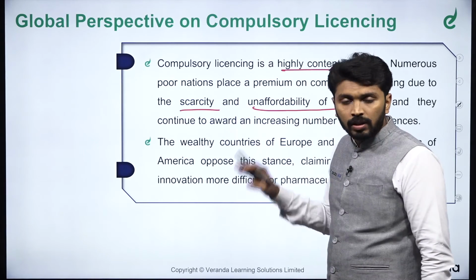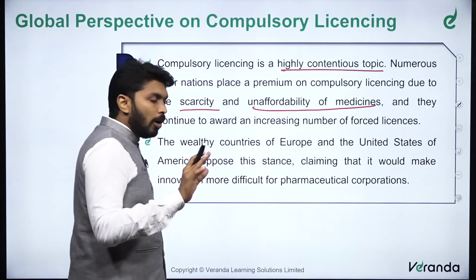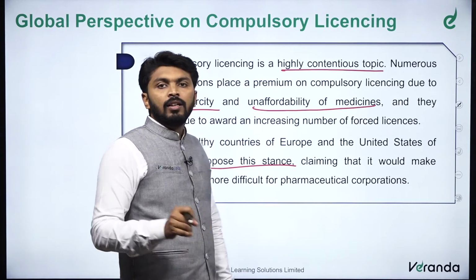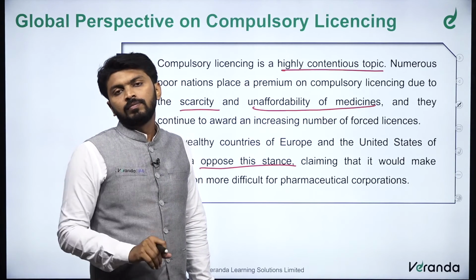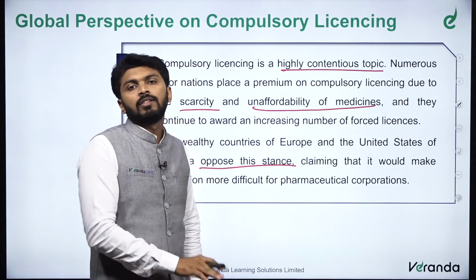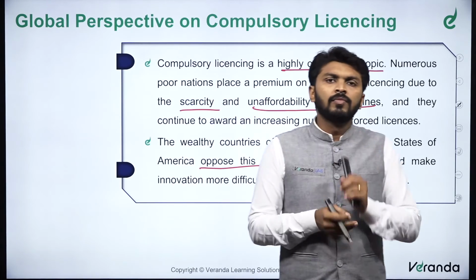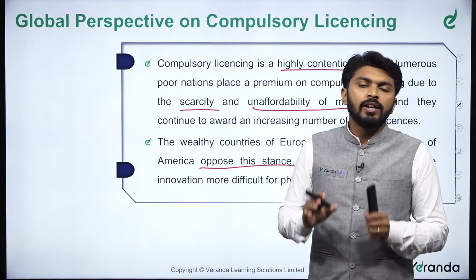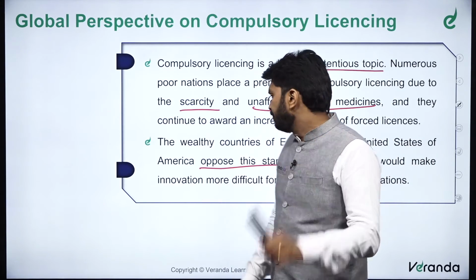The wealthy countries of Europe and the United States of America, on the other hand, oppose this stance. As I said earlier, they give more importance to intellectual property rights than to public welfare, since they are utmost capitalistic in nature. An individual, a business person, an innovator's idea, a profit has to be safeguarded at any cost.